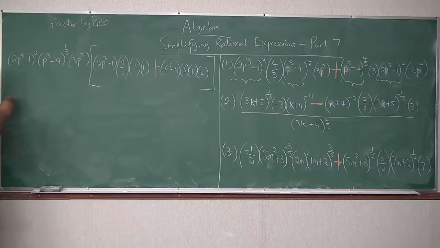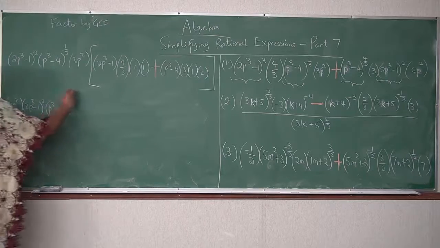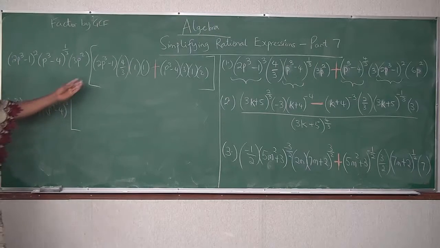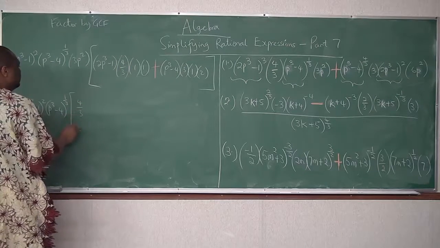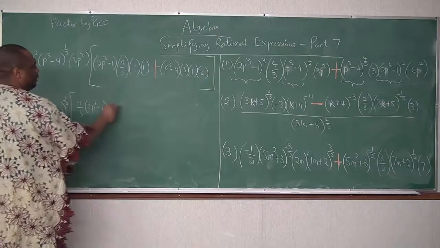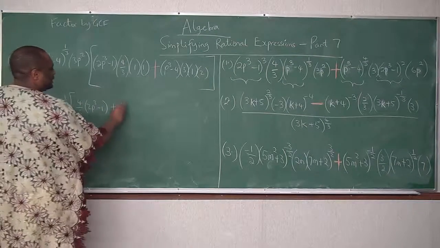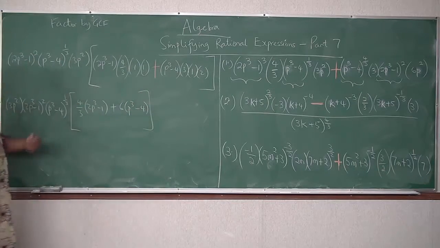So, we bring this out. Let's start with 3p squared, just writing it in order. Then times 2p cubed minus 1 all squared times p cubed minus 4 exponent 1 over 3. I bring out my bracket. So let's simplify this. This is 4 over 3 times 2p cubed minus 1 plus 6 times p cubed minus 4. Okay?